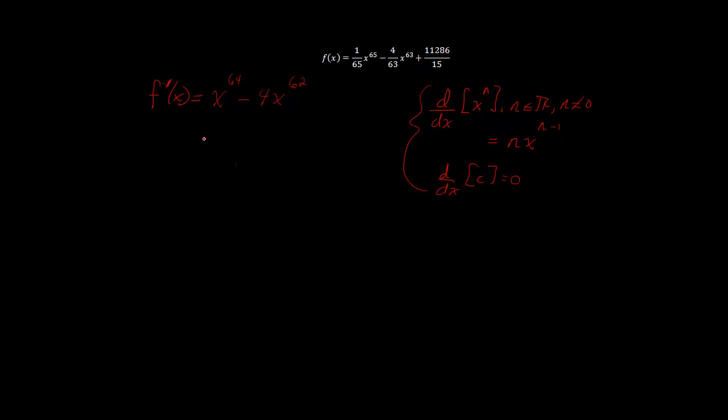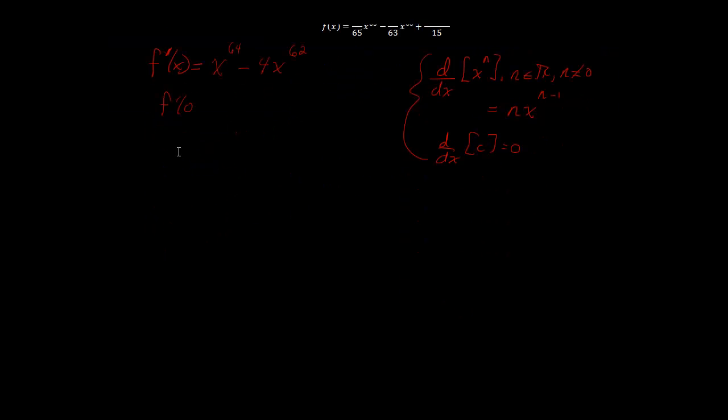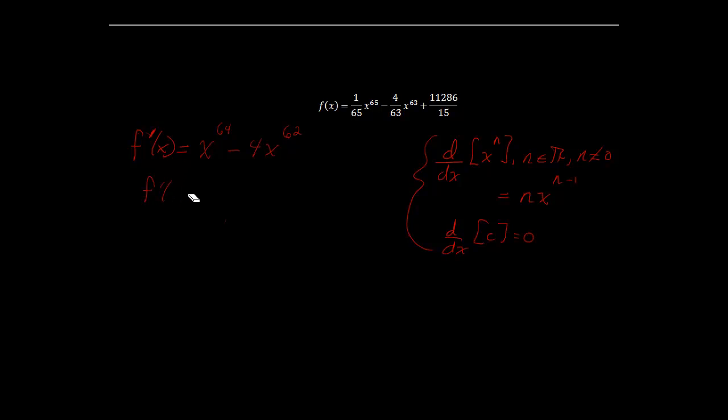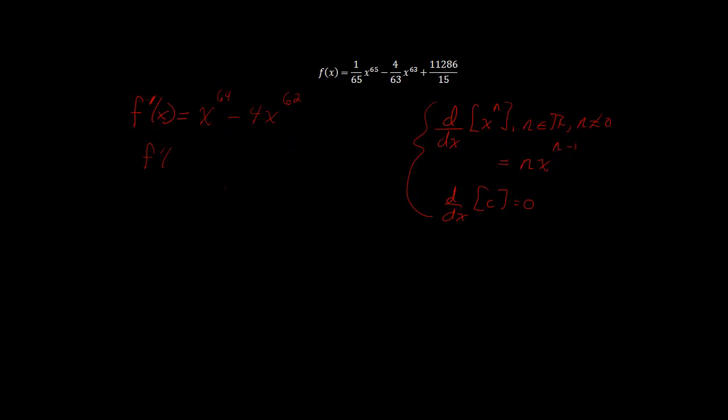In order for us to find the maxes or mins, we know that f prime of x equal to 0 will give us any relative maxes, any relative mins, and also what I call horizontal tangents, where our slope does not change.